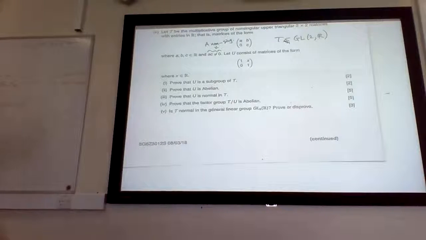However, if you're looking at a subgroup inside a big group and it is normal inside the big group, it will automatically be normal inside any intermediate group. So shrinking the containing group will not break normality, but expanding it might break normality, as we'll see in this case.